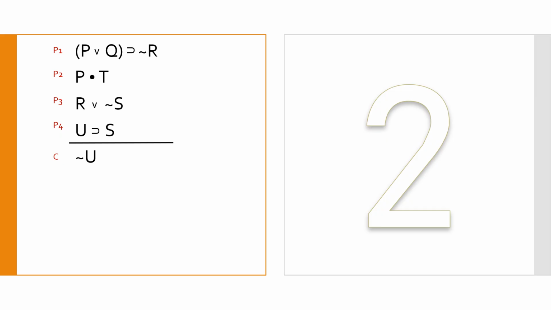In the second premise, we get P and T. The third premise says R or not S. The fourth premise says if U, then not S. And then finally in our conclusion, we get not U. Now, the first step, of course, is to set it up formally by numbering in order each of these individual premises, and then setting off to the right-hand side, divided by a slash, the conclusion, which is in this case not U.